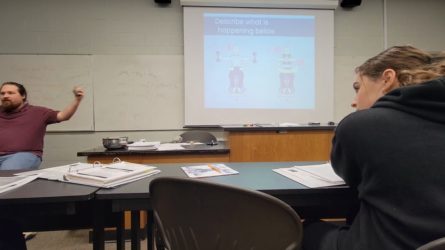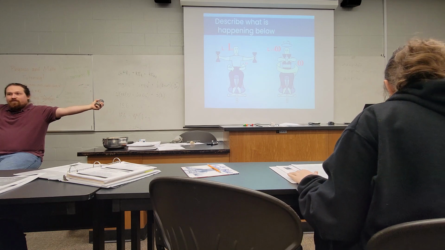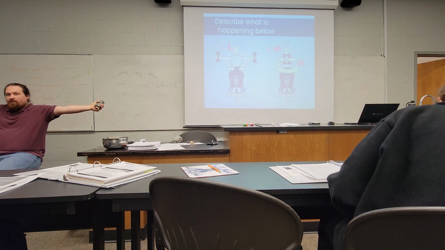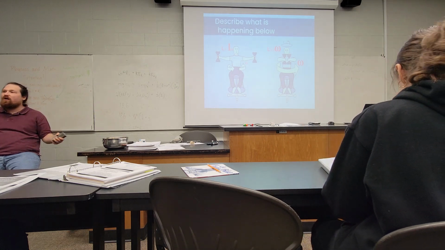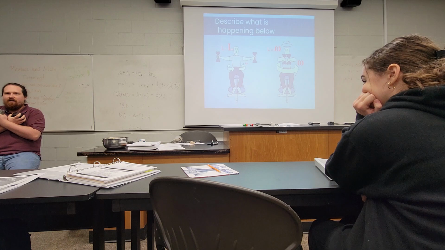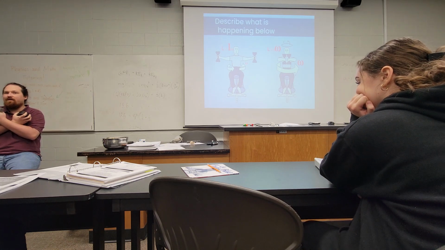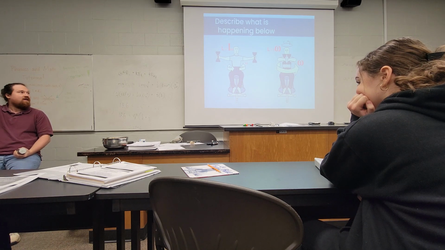So my last demonstration before we break is, I'm going to spin myself on this stool with my arms out. With my arms out like this, I have a big moment of inertia, so I'll have a small angular speed. And then once I'm going, I'm going to pull my arms in. That's going to decrease my radius, decreasing my moment of inertia, and my velocity is going to have to rise to keep my angular momentum constant.